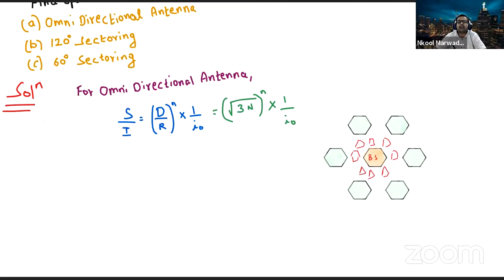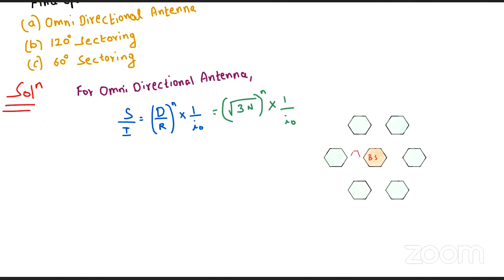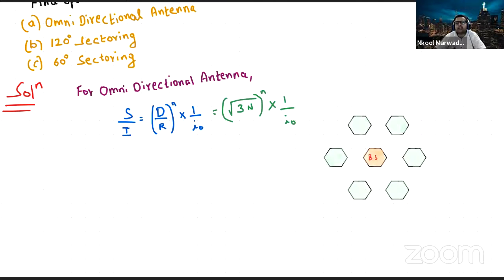So the idea is that for every base station, a total of 6 co-channels are possible in this arrangement. So I naught is 6.